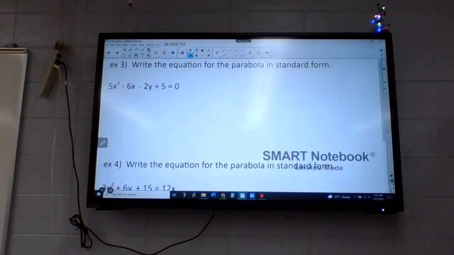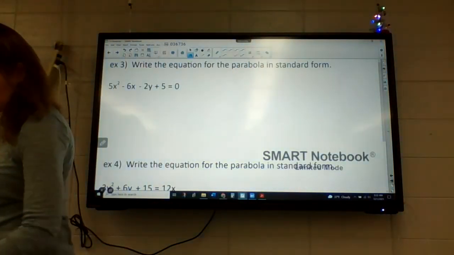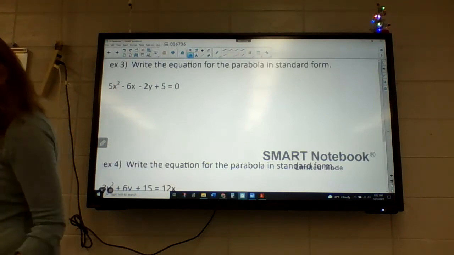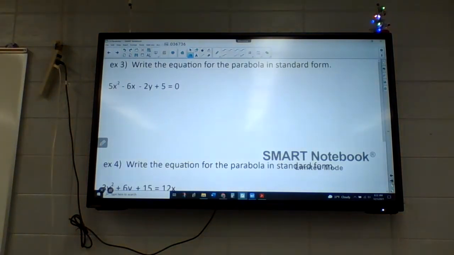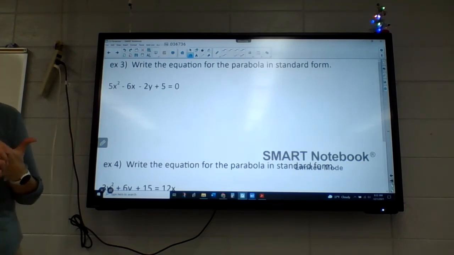I don't know if standard form is the best way to say it, because standard form was the way we had written it before. What I want to do, similar to some of our other ones but not exactly, is organize things. I'm going to put the y together and the x together, so move the y and x's separately.